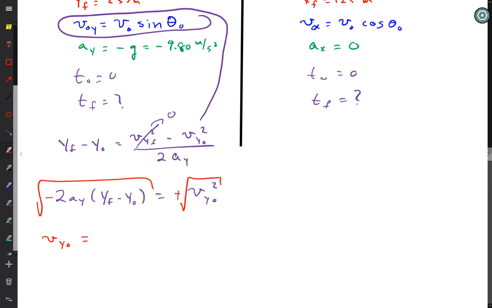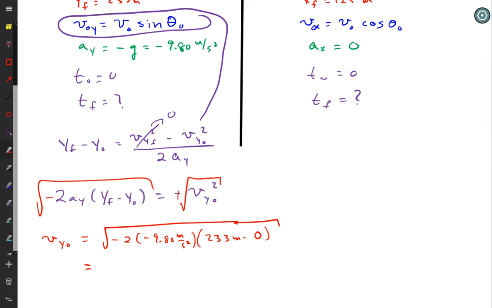Vy initial is equal to the square root of -2 times minus 9.80 meters per second squared times the y final, which was 233 meters, minus the y initial of 0. And so we can put down our calculator and calculate what the Vy initial is.